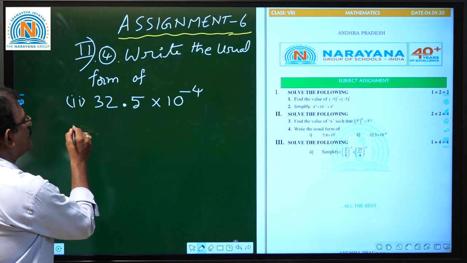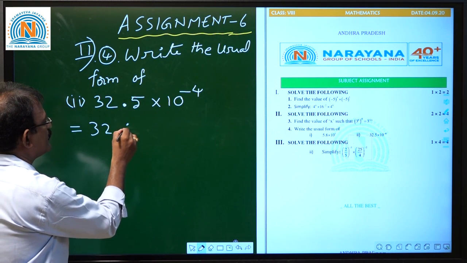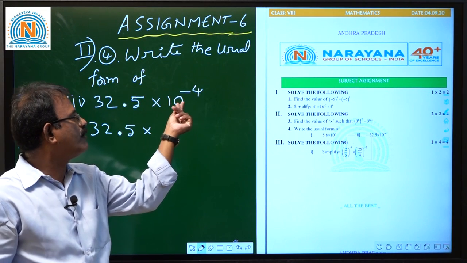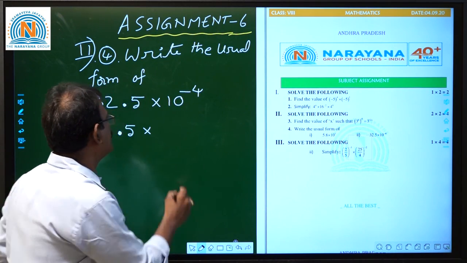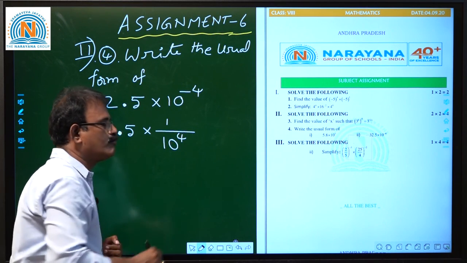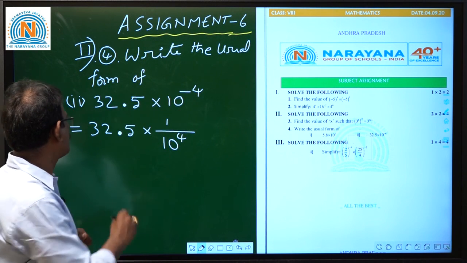So children, this is 32.5 into, transpose the value from numerator to denominator, then the power symbol will be changed from minus 4 to plus 4.